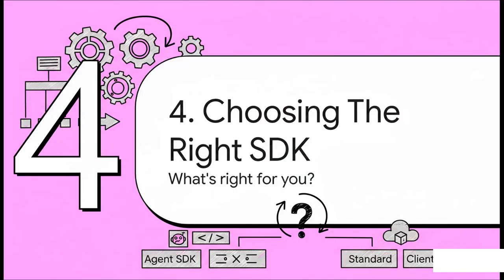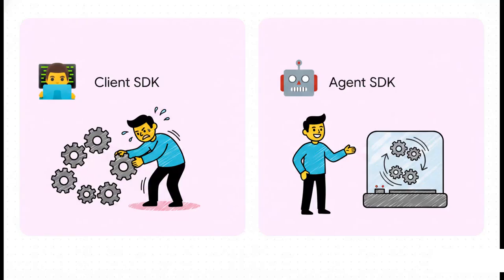Okay, so with all these features, a super common question comes up. When should I use this Agent SDK versus the standard Client SDK? Let's break that down real quick. Honestly, the difference is incredibly simple. With the normal Client SDK, you get direct access to the API, but you have to build the whole tool use loop yourself. With the Agent SDK, Claude handles that entire loop for you. So the choice is pretty clear.